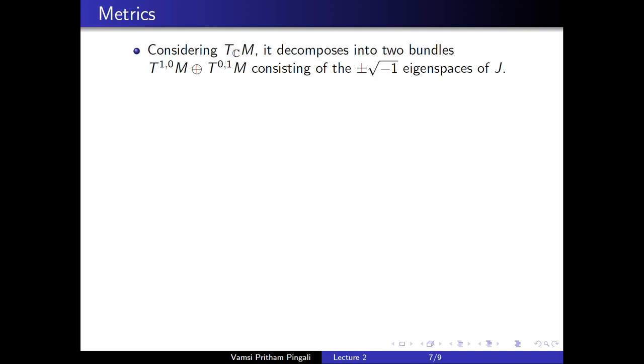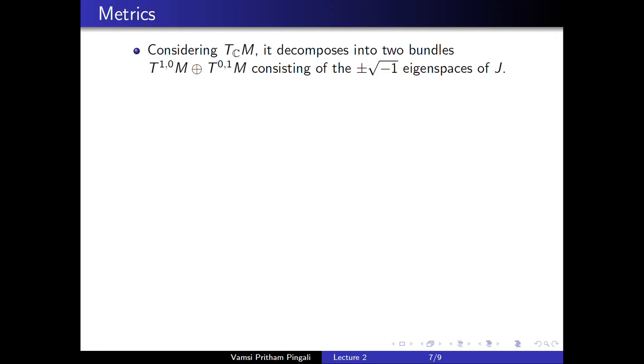This map, you can try to find out the eigenvalues and eigenvectors. I claim it has precisely 2 eigenvalues, plus minus square root of minus 1. Indeed, J squared is minus identity, and so from that itself you can see that if lambda squared is minus 1, then lambda has to be plus minus square root of minus 1.